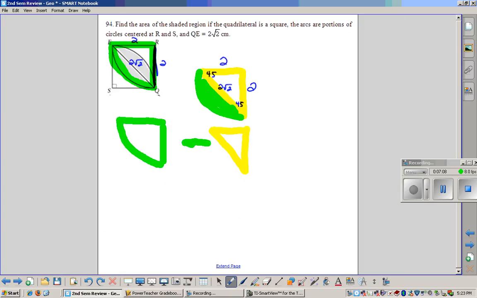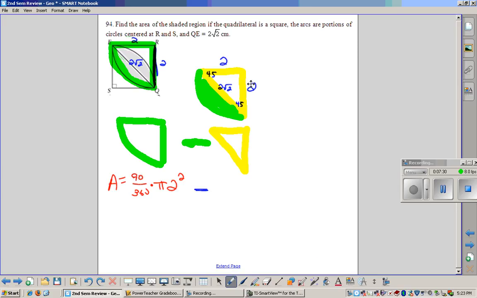That's our goal here. So, area of a sector will be the measure of the arc over 360, so that's 90 degrees out of 360 times pi times radius squared.